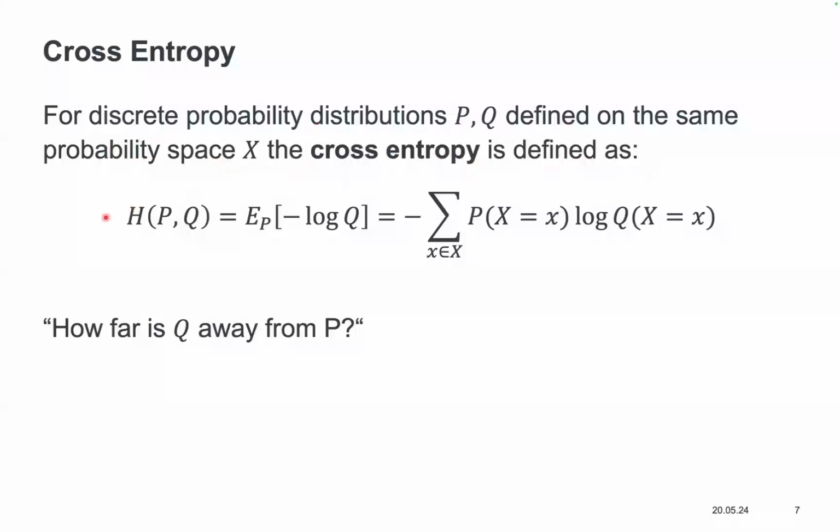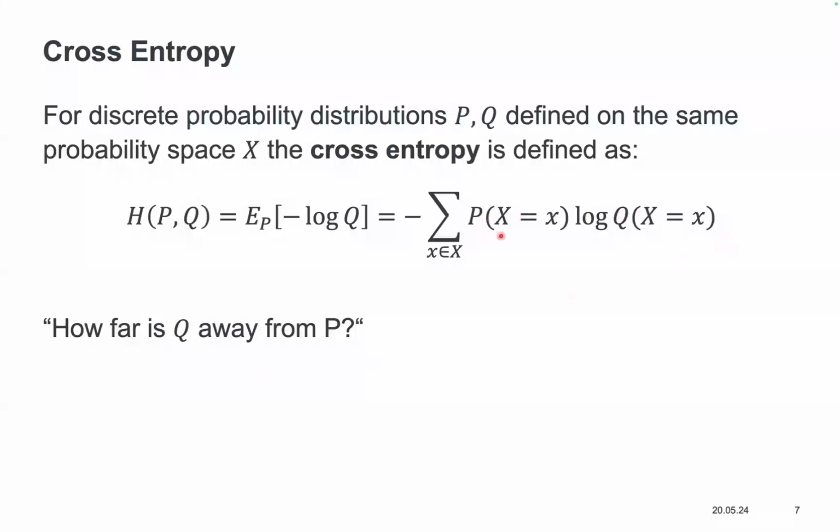Then the cross entropy is defined as eta between P and Q, which is the expected value over the probability distribution of P of the information content of Q. So I look at how probable it is that P has a certain value assignment times the logarithm of the value assignment of the second distribution, and I go over all the possible values. And this describes to some extent how far Q is away from P.